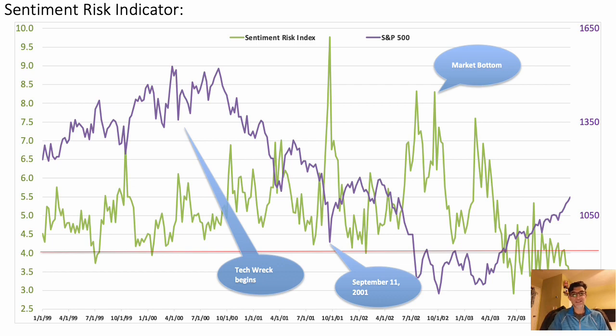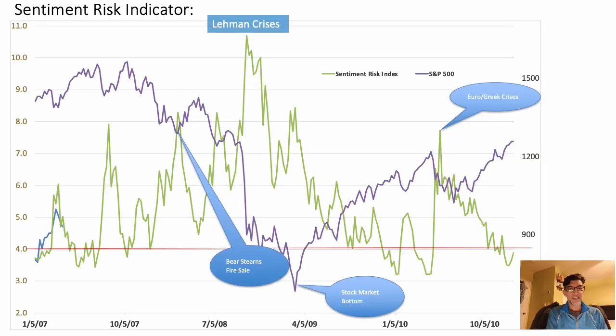So let's go to the next slide. And it predicted a short-term bottom during the Bear Stearns. This is the Great Financial Crisis. So it predicted a short-term bottom during 2007. And what you see in the bear markets, you get these up and down movements, right?